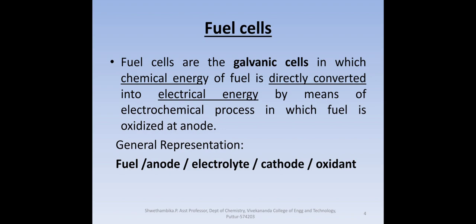So, by considering the definition, we can write a general cell representation for fuel cells as the fuel in contact with the anode, which would be in contact with an electrolyte. That will be in contact with the cathode, where the oxidant is supplied. Most of the time, the oxidant supplied would be oxygen.